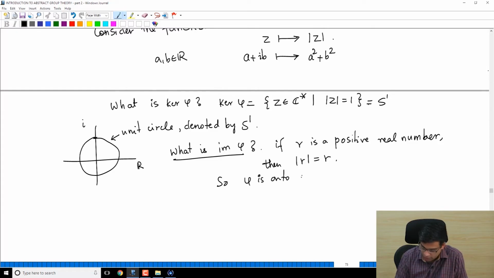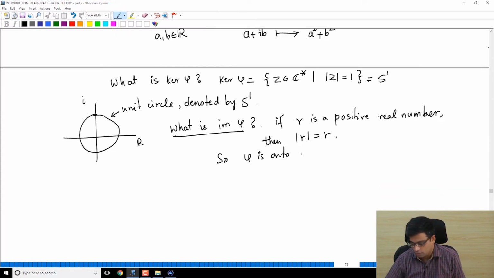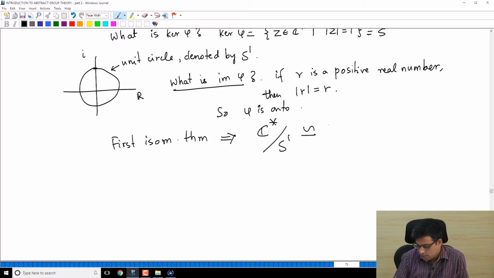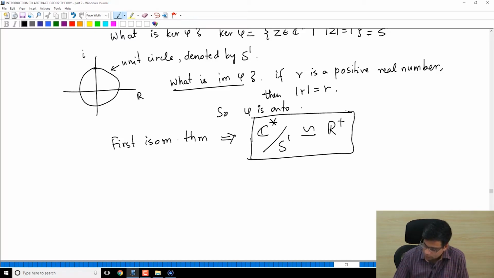In other words, the image of phi is all of R plus. So what does the first isomorphism theorem now say? It gives that C star mod S1 is isomorphic to R plus. Okay, so the first isomorphism theorem says C star mod S1 is R plus.